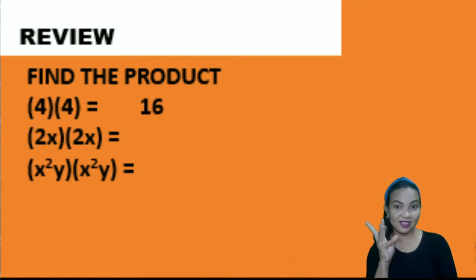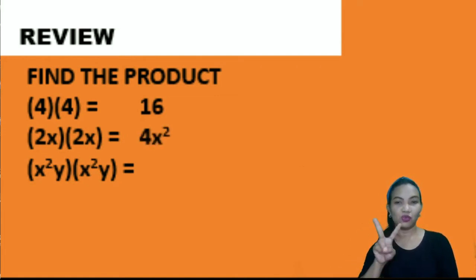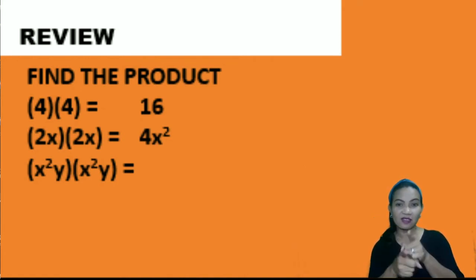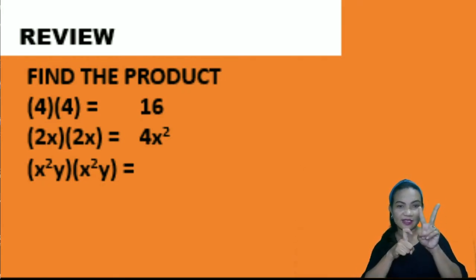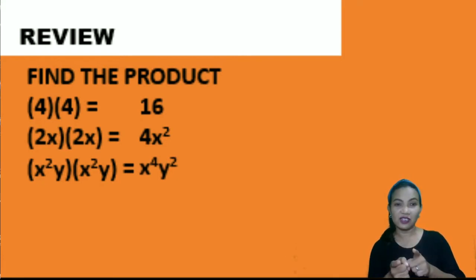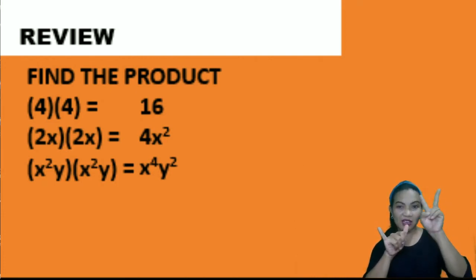First, 2x multiplied by 2x, the answer, 4x squared. The answer, x raised to the fourth power, y raised to the second power.